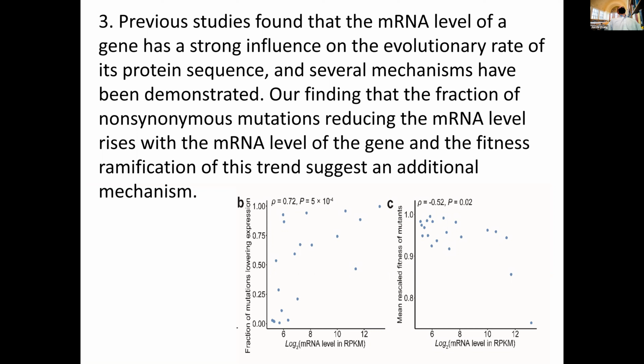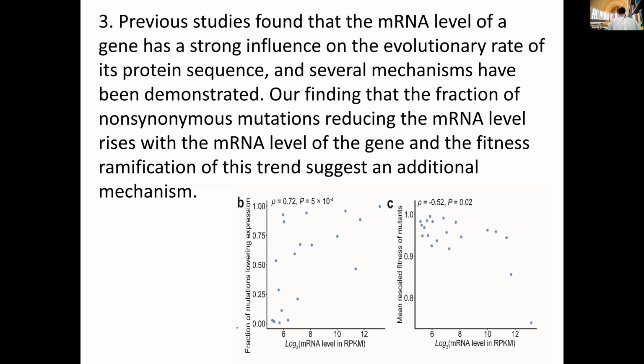So here showing gene expression level. Some genes have low expression level, some genes have high expression level. And in a highly expressed gene, the fraction of mutations decreasing the mRNA level would be high. And because they are deleterious, the fraction of mutations that are deleterious would be high. So these mutations are purged.